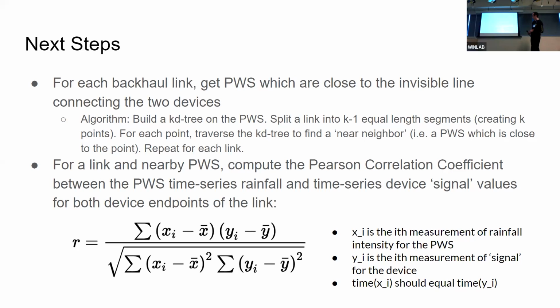This is the formula that we would use. The other downstream task is to get all weather stations which are close to the link, and in order to do that efficiently, we figured out that we could take advantage of the KD tree data structure, which can be used to find near neighbors efficiently.